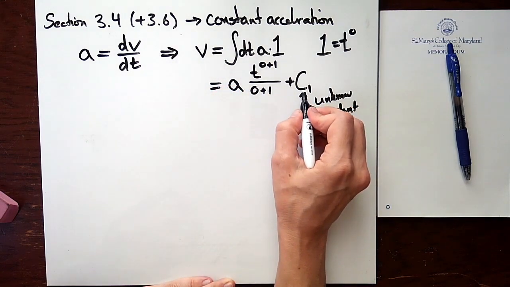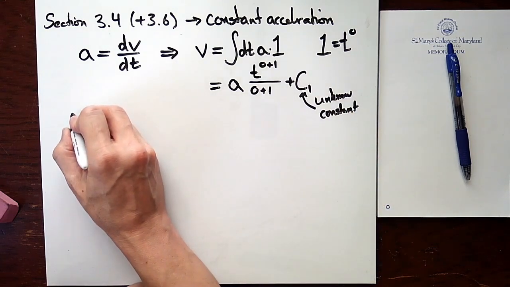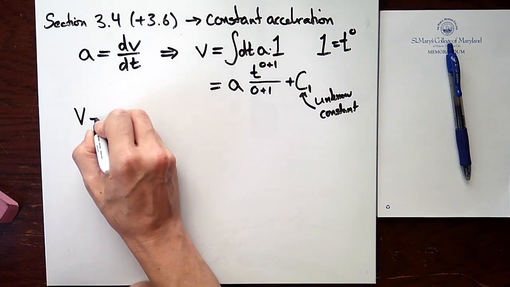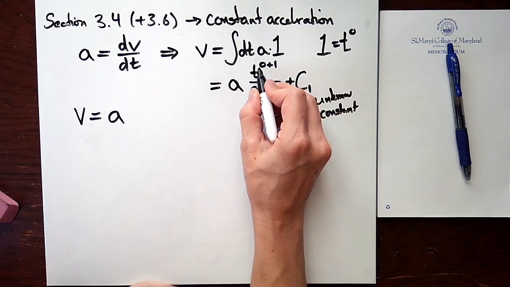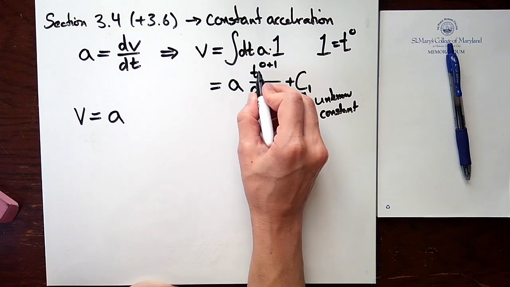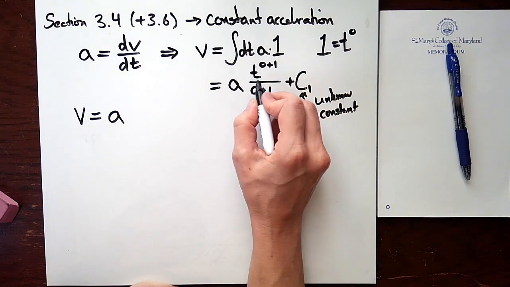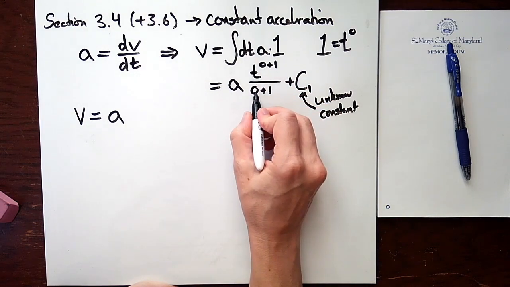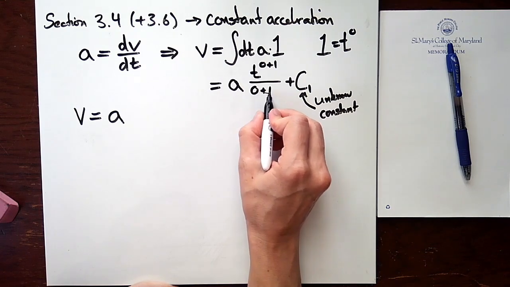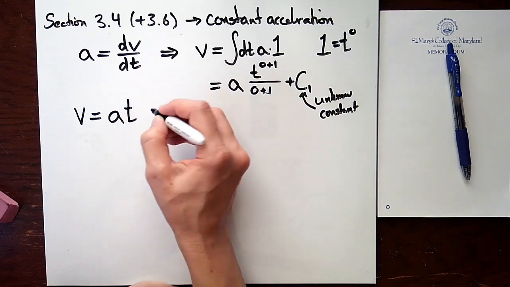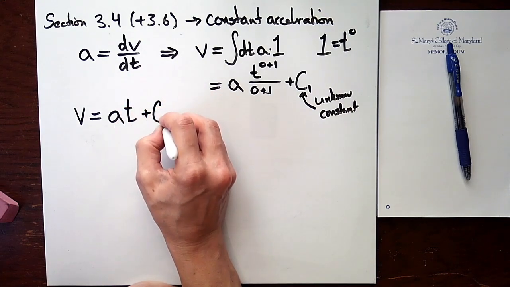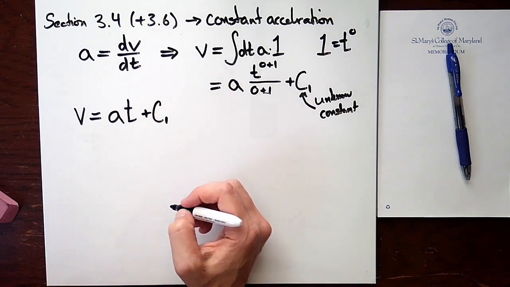So we have to add it back in. So that means we get velocity is equal to acceleration, which is a constant number, t to the 0 plus 1, so that is just t to the first power, or just t, divided by 1 plus 0, or just 1, so t divided by 1 is t, so that's acceleration times time, plus this unknown constant.